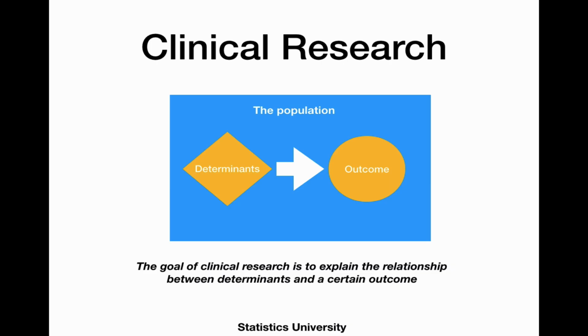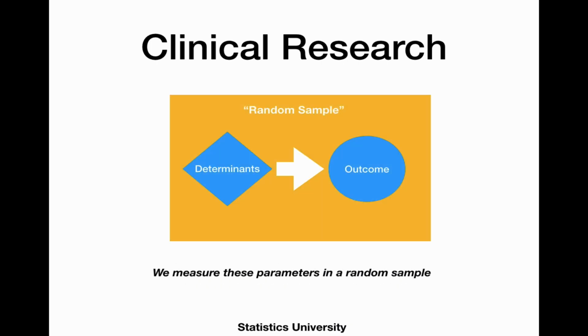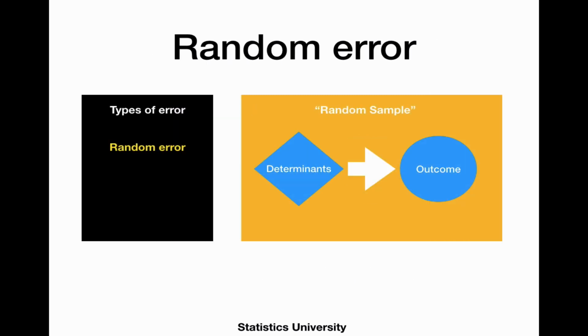We already know that the goal of clinical research is to explain the relationship between determinants and a certain outcome in the population. However, we measure these parameters in a random sample, and there's always some random error in this estimation.